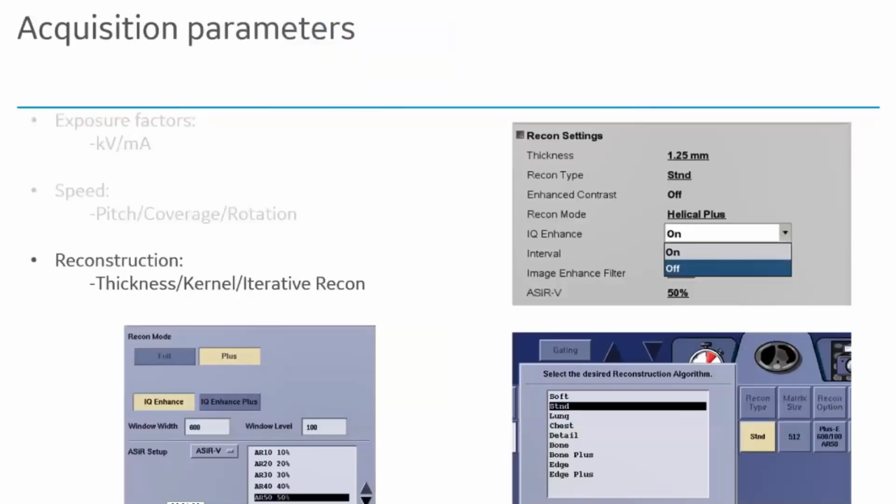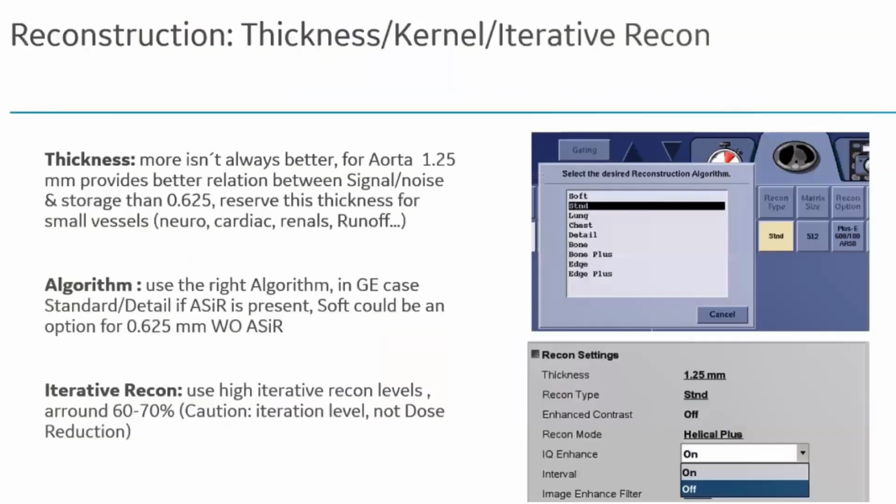And now let's have a look at reconstruction parameters. They are also very important to consider here. When deciding on the slice thickness to reconstruct with, consider the anatomy you are examining.